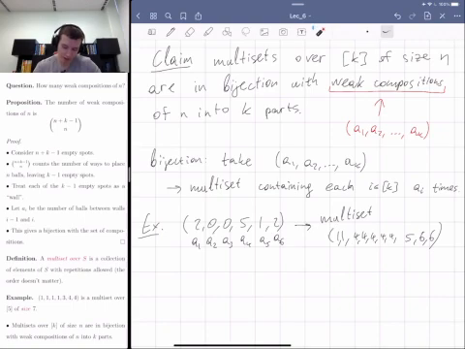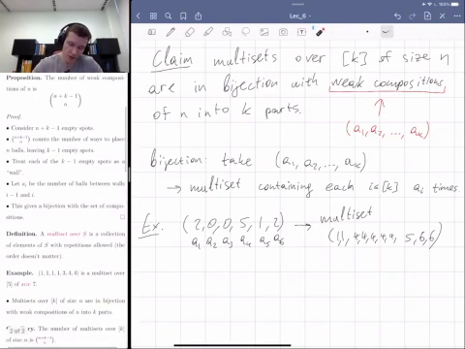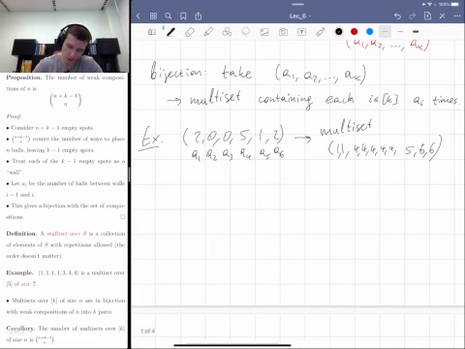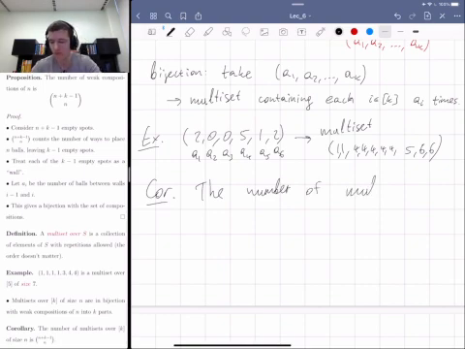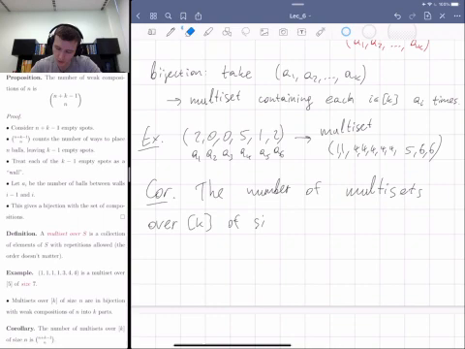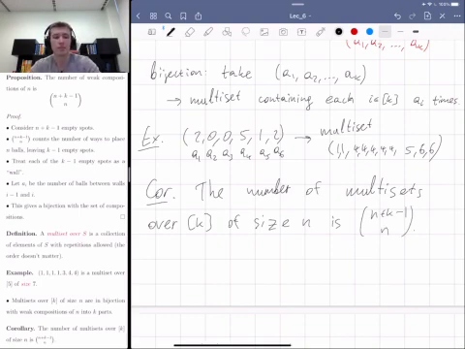And the corollary is that because we have this bijection, the number of multisets over bracket k of size n, where the size is the total number of elements with multiplicities, is equal to n plus k minus 1 choose n.